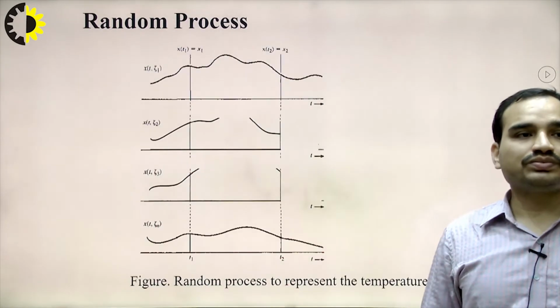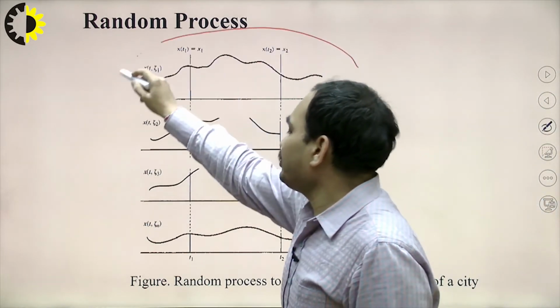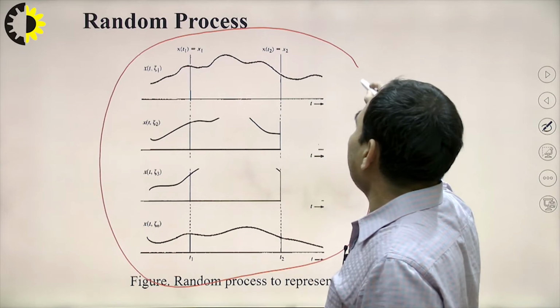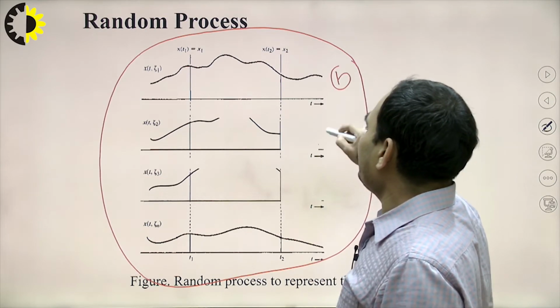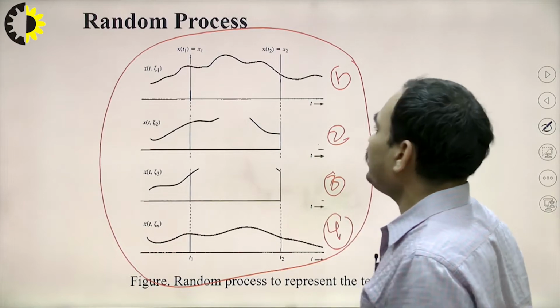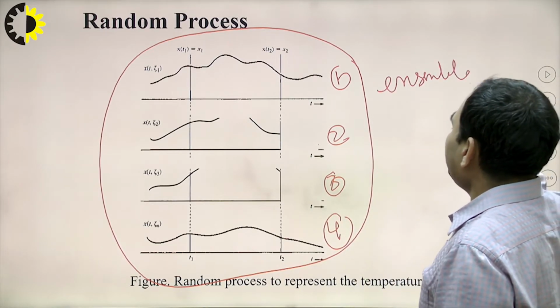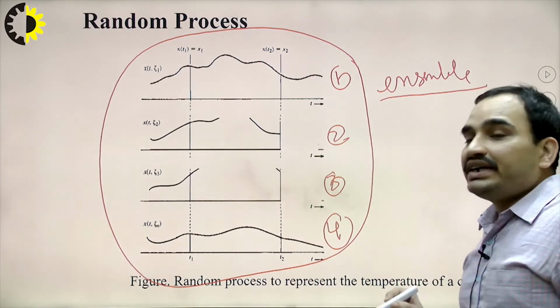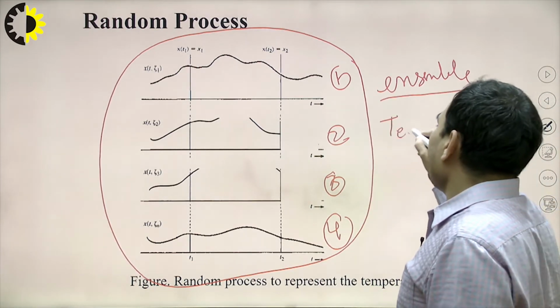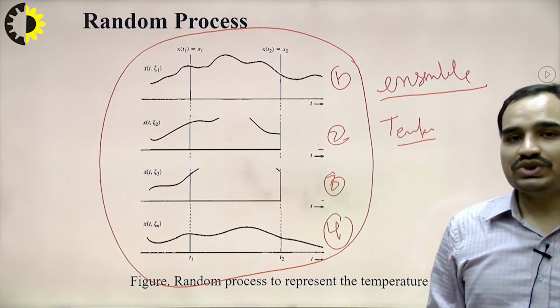Okay, so this is an example. It shows a collection of different waveforms, for example waveform 1, waveform 2, waveform 3, and waveform 4. These four waveforms form one ensemble, and this shows the example of the temperature of a city. So the temperature of a city here we are considering as a random process.